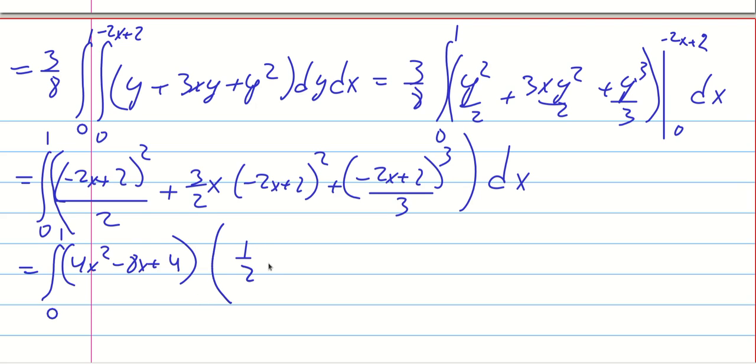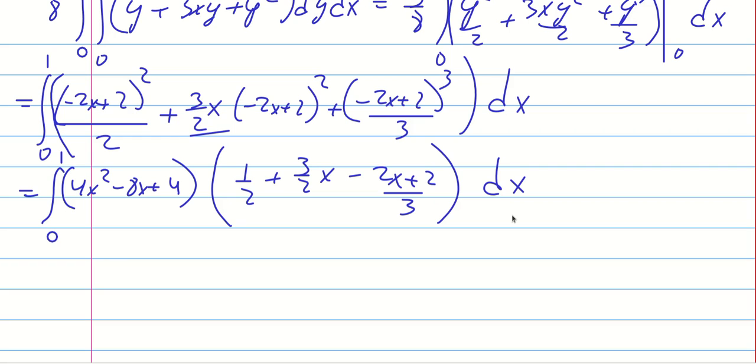So we're left with 1/2 + 3/2 x, and at the end we have (-2x + 2)/3 dx. Alright, let's simplify this term first. Oh, I forgot 3/8 again. So it should be 3/8.